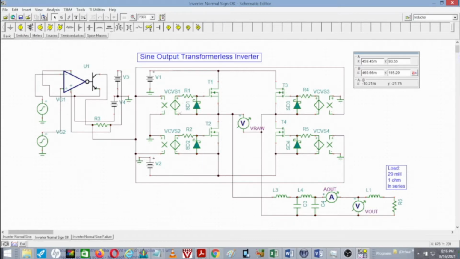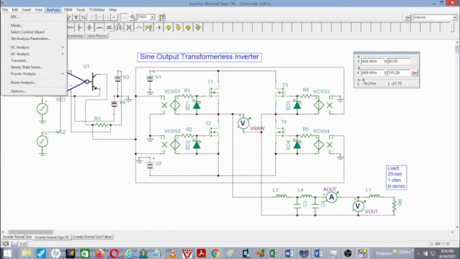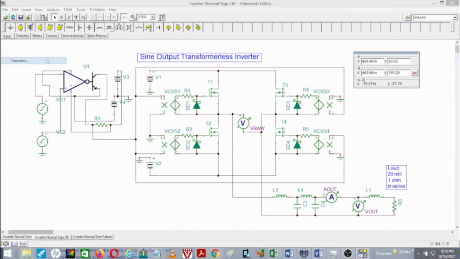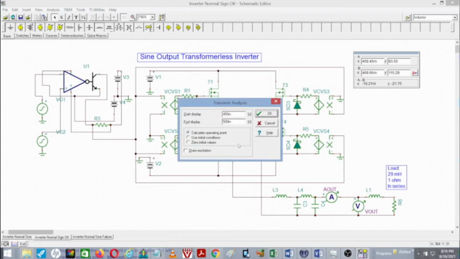Now, to make this simulation operate, normally I would start a transient analysis and end it after 500 milliseconds, but I would start the display of the result at 450 milliseconds, because that 0 to 450 allows some settling time. When you turn it on raw, it has to go through some settling till it gets to the correct output, and then that final 50 milliseconds shows those actual outputs.